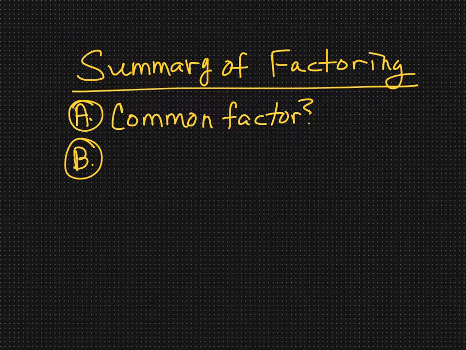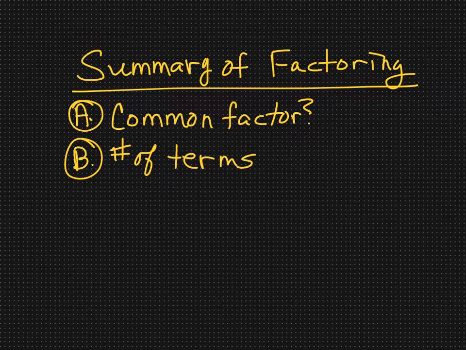The second step, you know, is we need to ask how many terms. The number of terms determines the strategy for factoring. If there are 4, that means we do grouping.